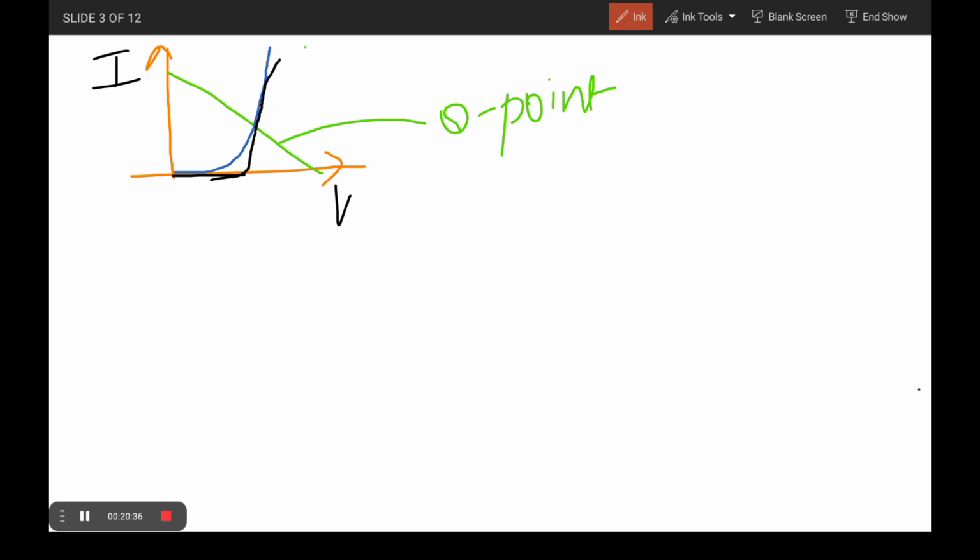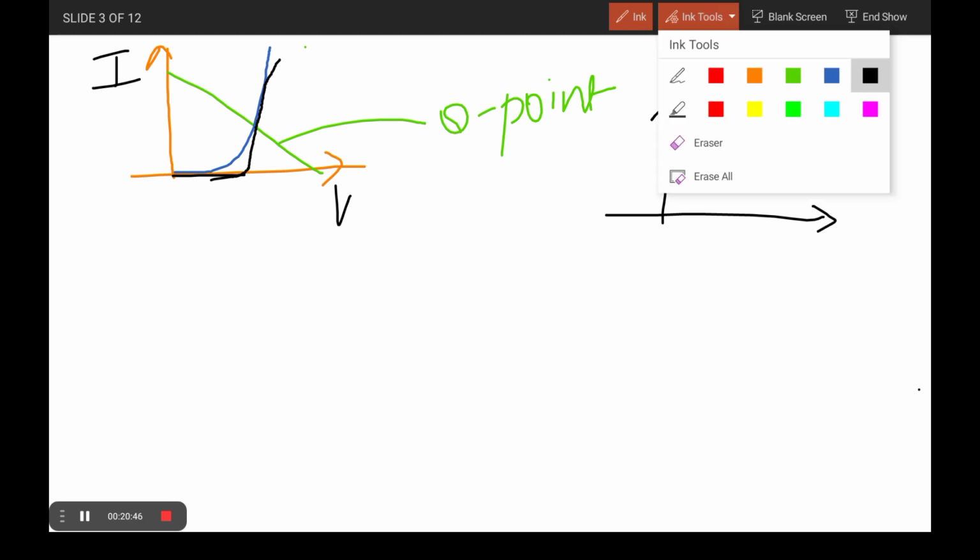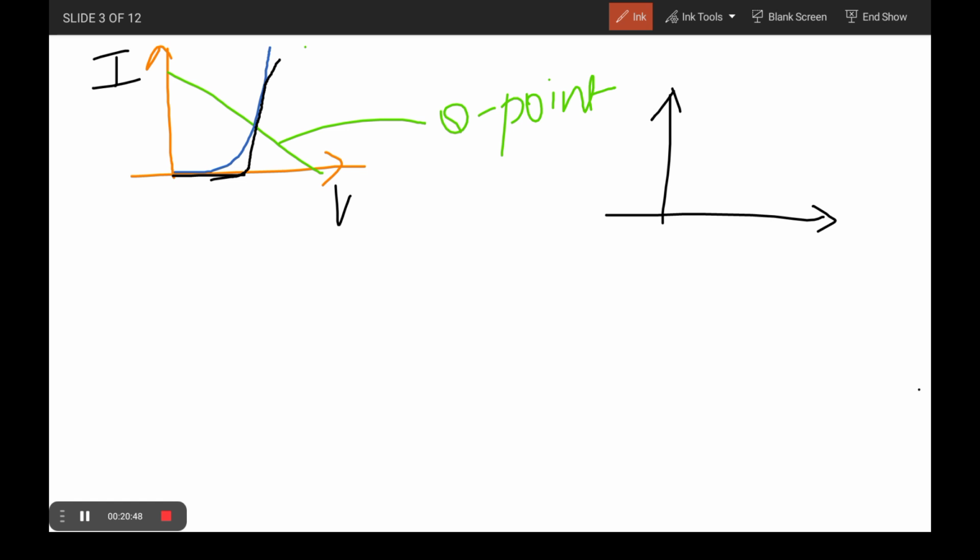So this black line represents the tangent of this one. If you draw the curve like this, this is the final graph representation for that. This line represents some slope.